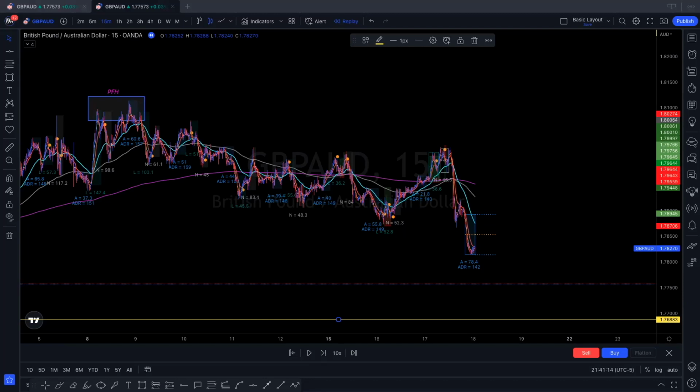So what should we be looking for? Sells away from the peak. Sells away from the peak.